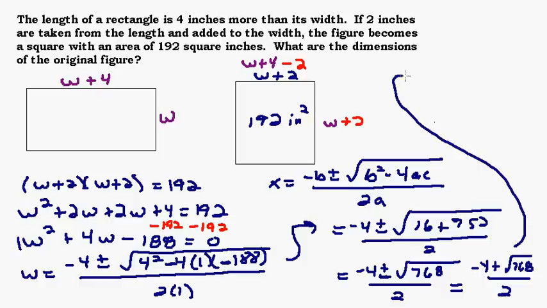Kind of all over the place, but that's okay. So I got 11.9 rounding to the nearest tenth. That means my width is 11.9, and the question asked me for the dimensions, so that's the width and the length. Remember, the length is 4 more than that, so it would be 15.9, and those are inches.